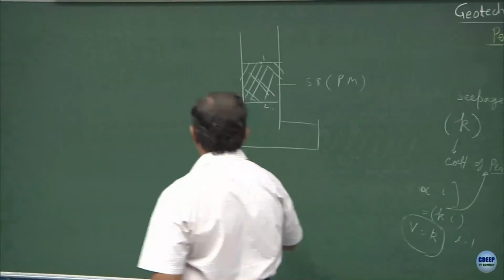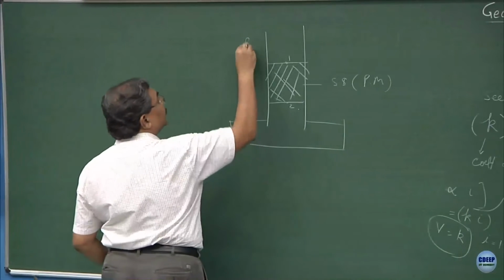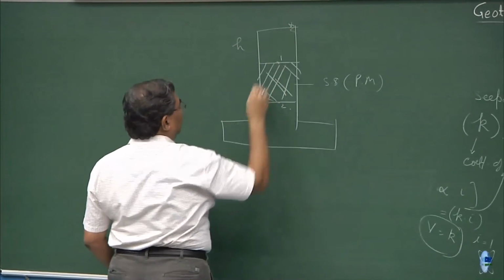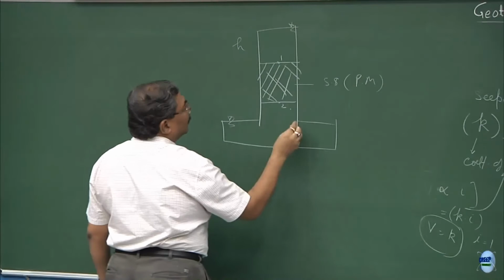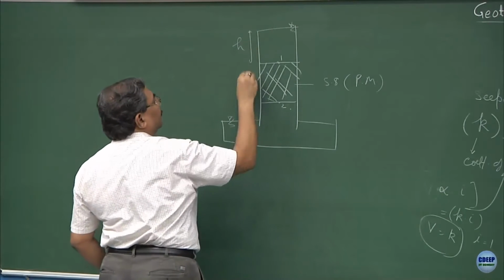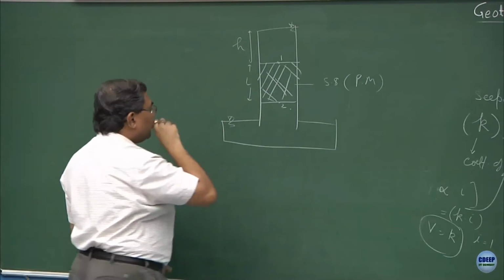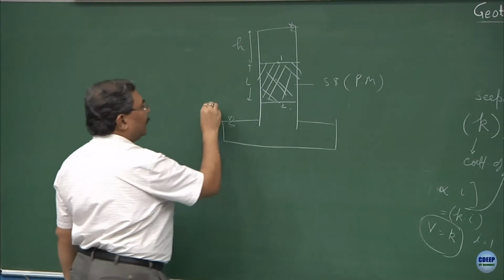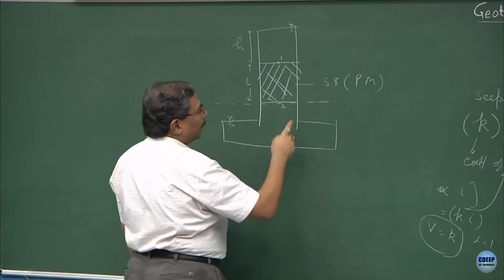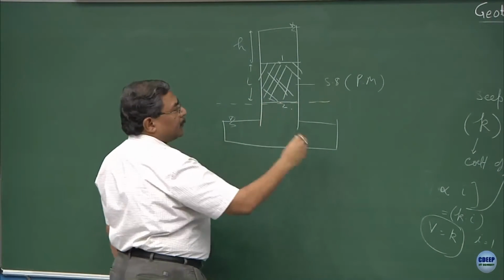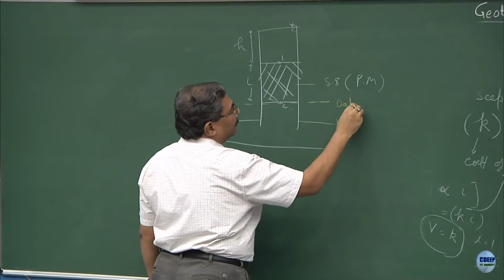This is H, the water table, this is the water level here, and the length of the sample is L. Shift the datum to this point, number 1, to get rid of all these confusions. So, this becomes my datum.